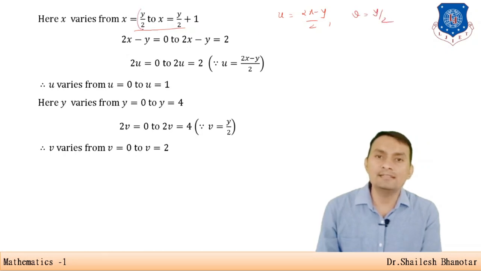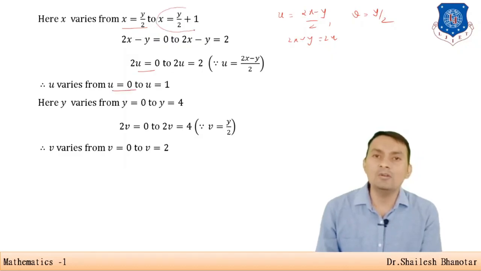Let us put it here. Before that, let me concentrate on this expression, which can be written as (2x minus y) divided by 2, that is 2x minus y, and that is only 2u. So we can say 2u is equal to 0, and from this I can say u is equal to 0.